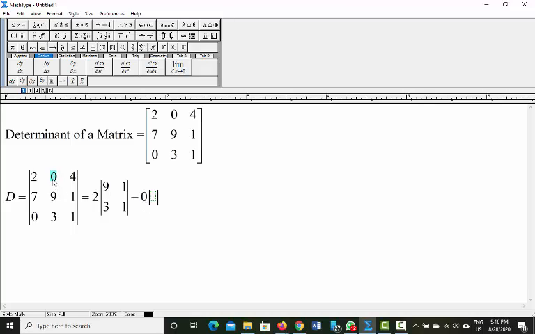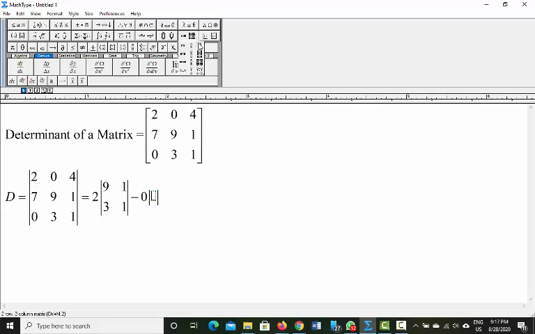Since we are taking the second element of the first row, we will ignore the first row, and we will ignore the second column also.